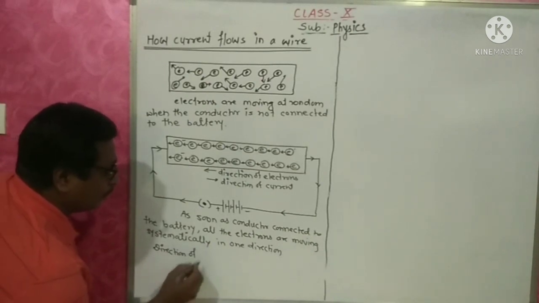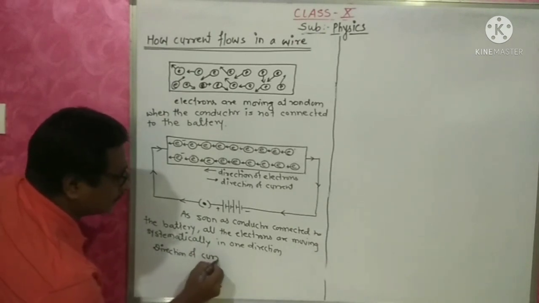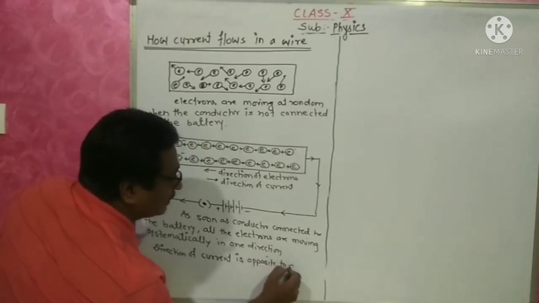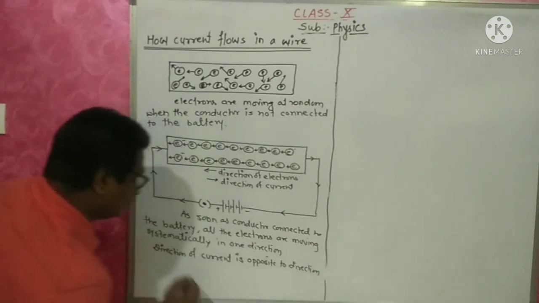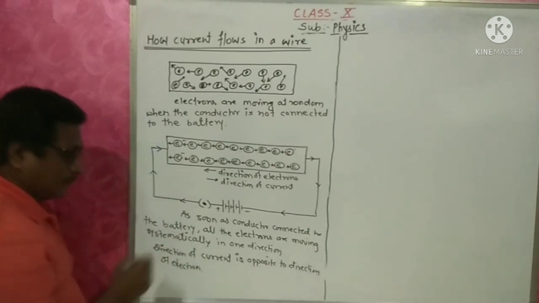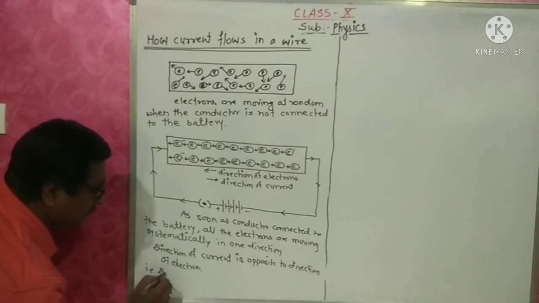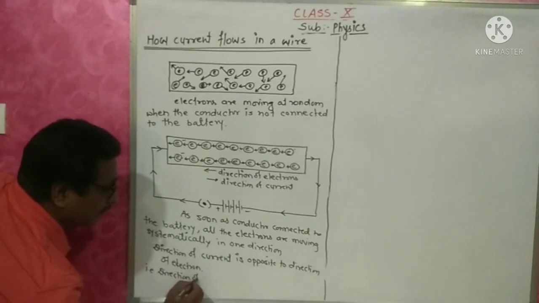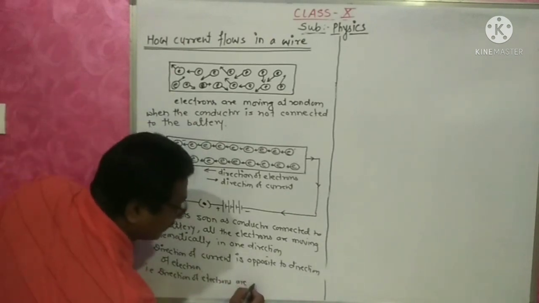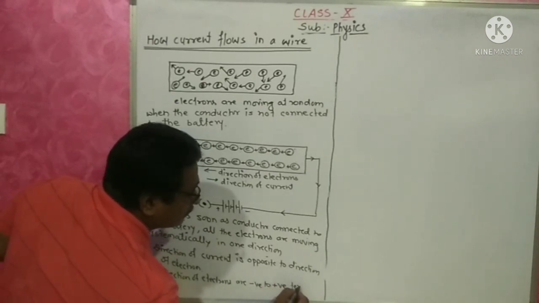The direction of current is opposite to the direction of electrons. Means the direction of electrons is from the negative to the positive terminal.